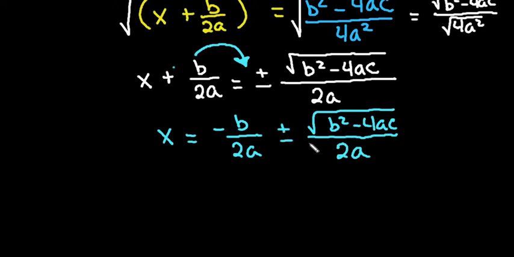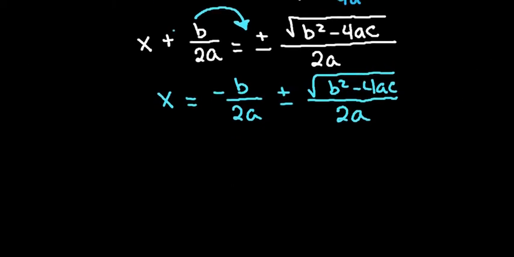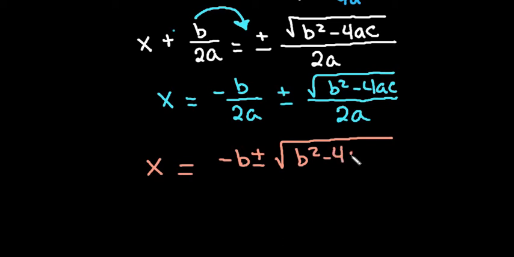And traditionally we don't see it like this. We do go ahead and simplify it into one fraction. And so now we're just going to write it as the quadratic formula as we know it: negative b plus or minus the square root of b squared minus 4ac, all over 2a.